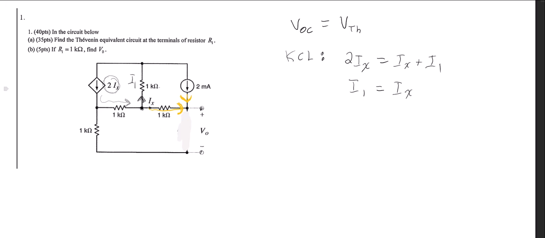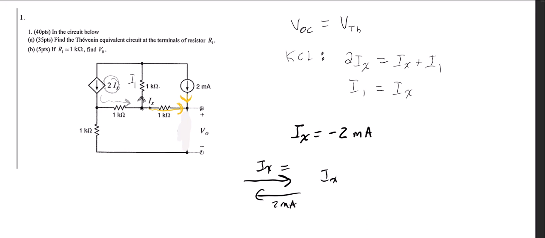So that means that as drawn, Ix is minus 2 milliamps because it's going the opposite direction from the 2 milliamps. So we have Ix going this direction, but we know that equals 2 milliamps going in this direction.